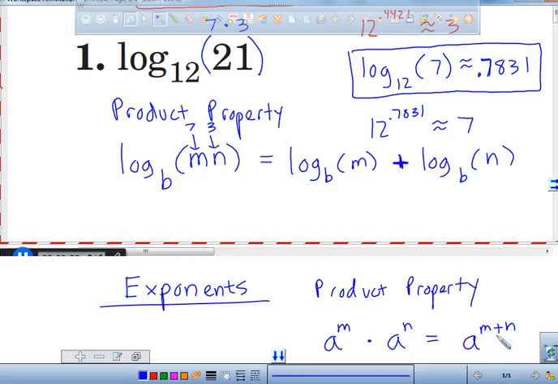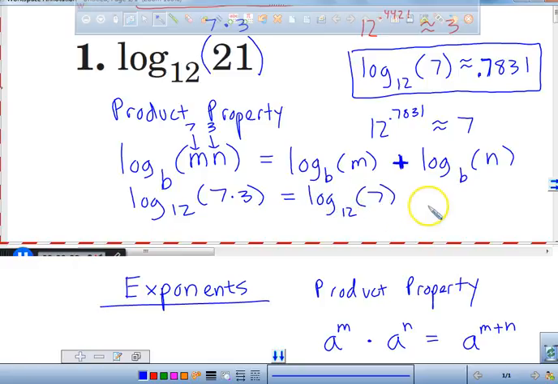In a similar fashion, in logarithms, because logarithms are the inverses of exponential functions, we are still allowed to add them together. So if I said log base 12, because our base is 12, of the number 7 times 3, how could I rewrite it using this pattern?